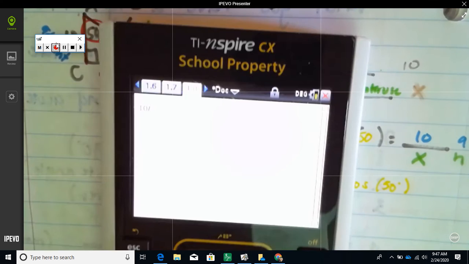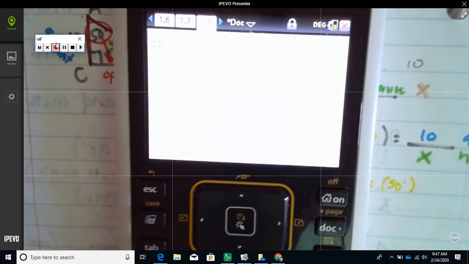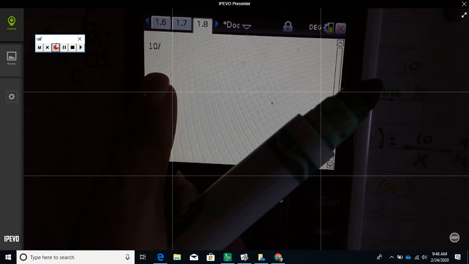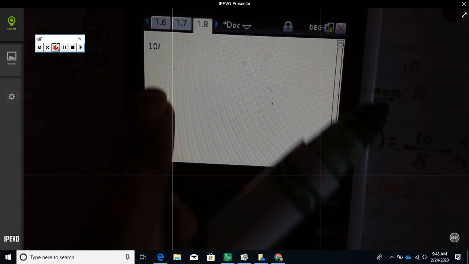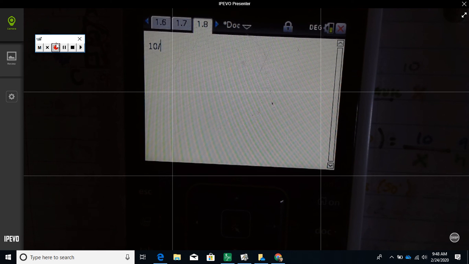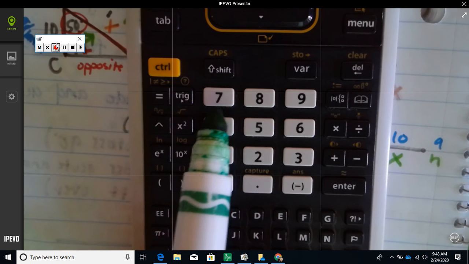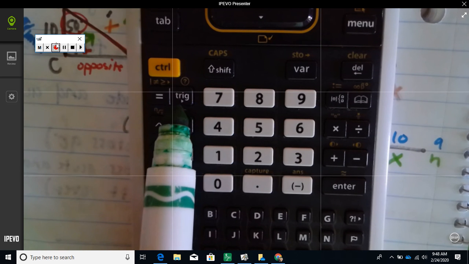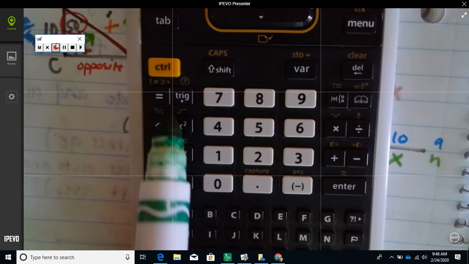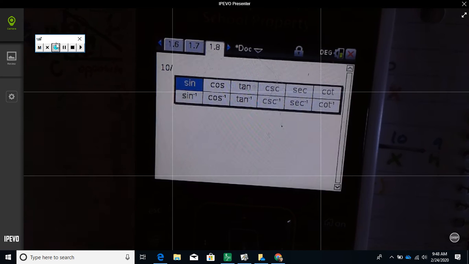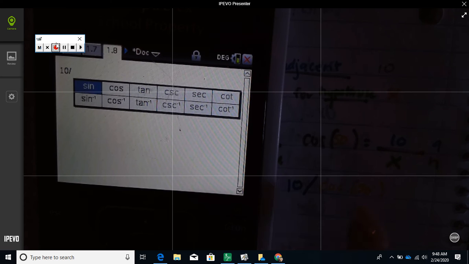To get the sine, cosine, next to 7 is a word trig. That's what we're doing. We're doing trig. Press that button and you're going to get all of these ratios. We're using cosine, so you press cosine, C-O-S, and then inside you're going to put 50.